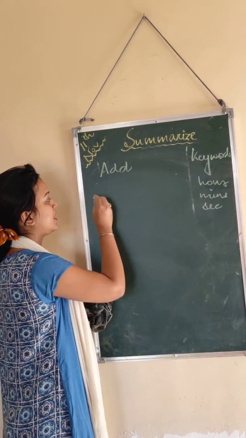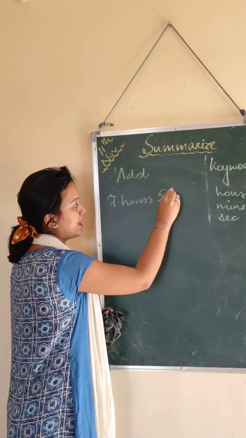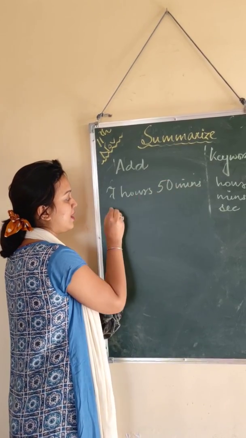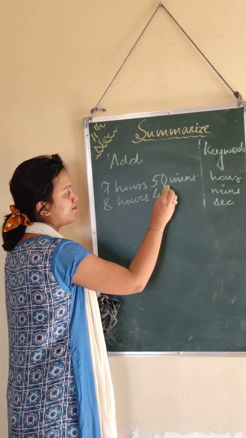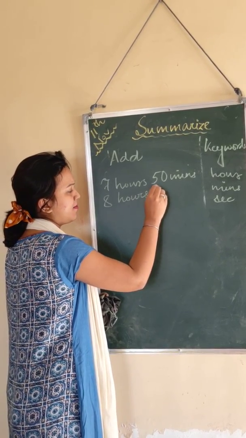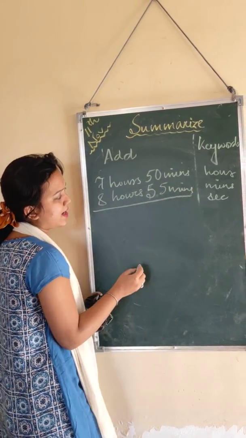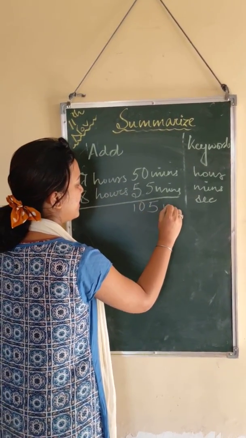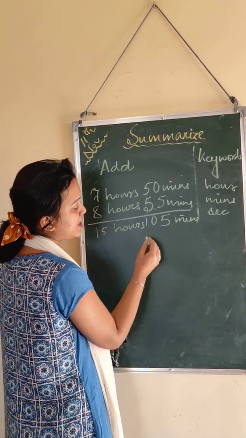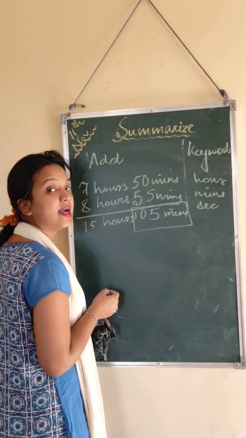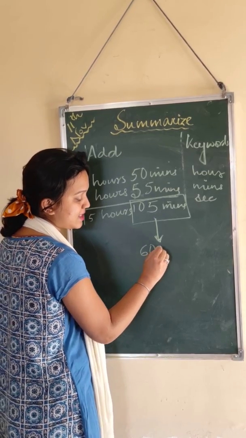So next, there is one different type of question. How is that? See here. Suppose I take 7 hours 50 minutes, then 8 hours 55 minutes, correct? Then what do you get? You get 105 minutes and 15 hours, correct? But there is nothing like 105 minutes in our chapter. So we break this into what we already know. I take 60 minutes.